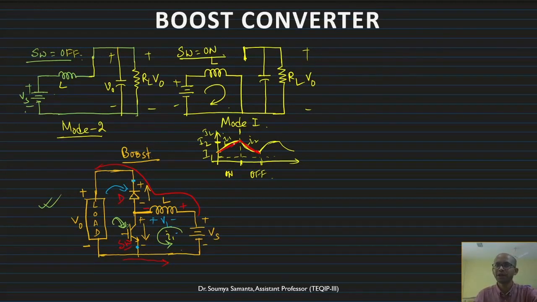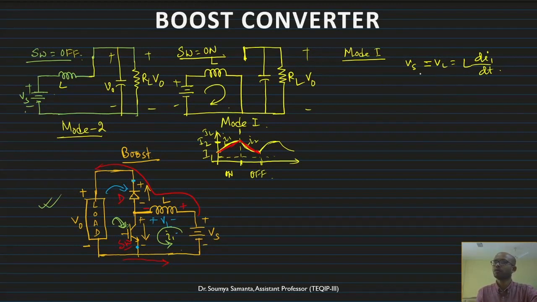If I consider the linearly varying inductor current, the relationship will be VL, which equals Vs for mode 1. For mode 1, this equals Vs, which equals VL, which equals L di1/dt. Fine.